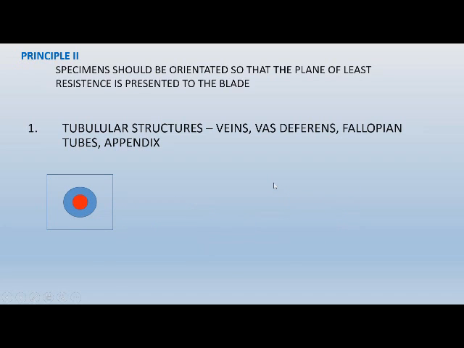Now, if we are trying to explain how to orientate that specimen so that we present the plane of least resistance, well, this block kind of does it already, as much as you can, because if you follow the arrow, you will see that at the bottom, that's the edge of the block.